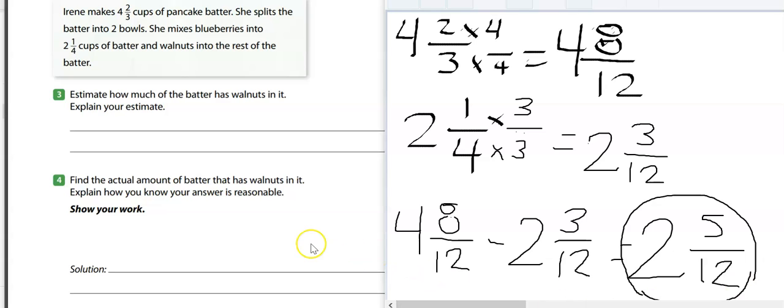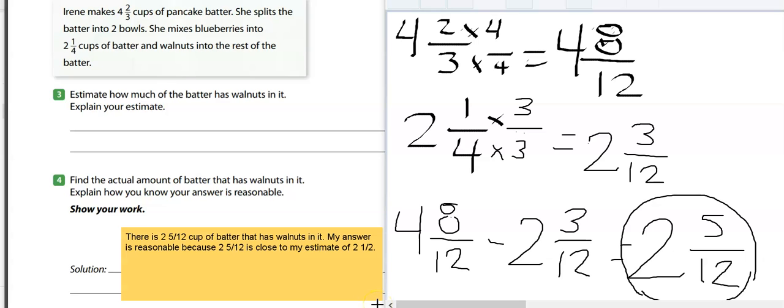So let's go ahead and write that down in this space right here to explain. So our explained thinking is there is 2 5/12 cup of batter that has walnuts in it. My answer is reasonable because 2 5/12 is close to my estimate of 2 1/2. Go ahead and write this down, and let's go to the next question.